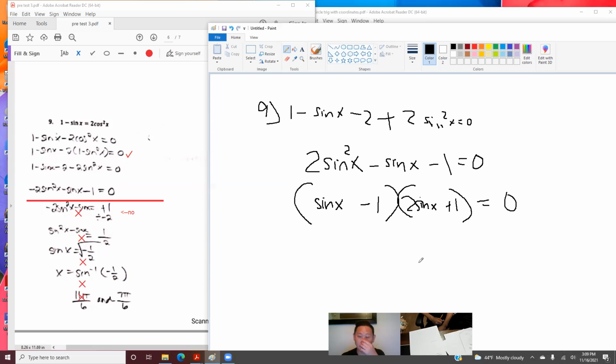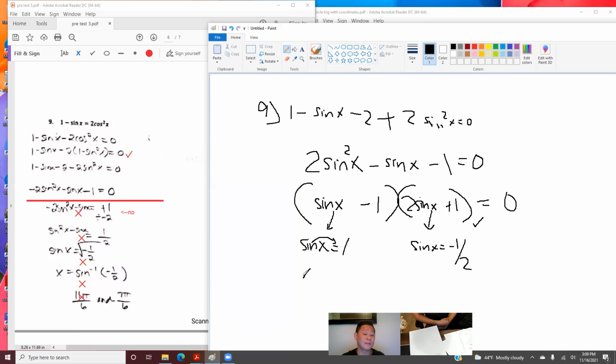Yep, that is correct. So then you solve. Sine x equals what here? 1. And sine x in this case is equal to what? 1/2? No, negative 1/2.